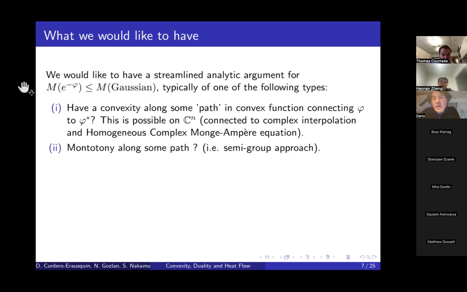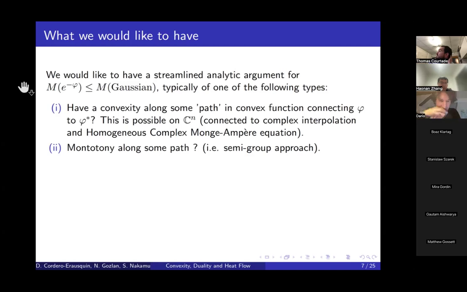And one of the things I would like to have, because this appears in other topics of log-concavity, would be to have some convexity along some path in the set of convex functions that will join the function to its polar, passing through somehow the quadratic function, and you will have some convexity along this path.